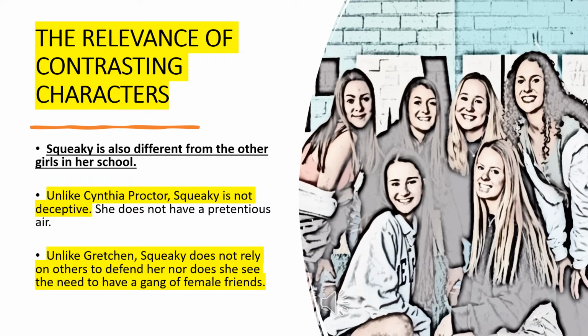And although Squeaky is confident that she is a winner, and she has to win because she is the quickest or fastest thing on two feet, we realize that the writer's use of contrasting characters has now intensified the plot, the storyline, intensified the conflict. And we don't know how the conflict is going to be resolved between Squeaky and Gretchen, and it also allows us to be somewhat intrigued, engaged, curious to find out how this is going to be resolved.